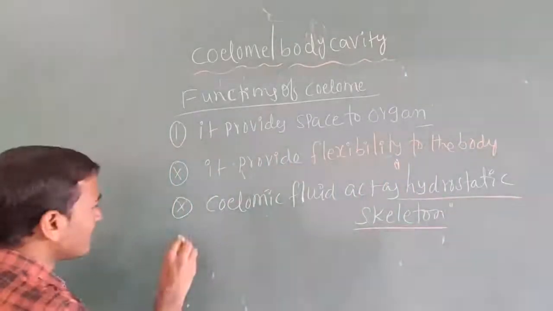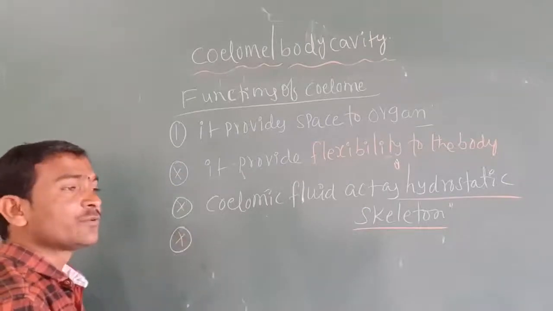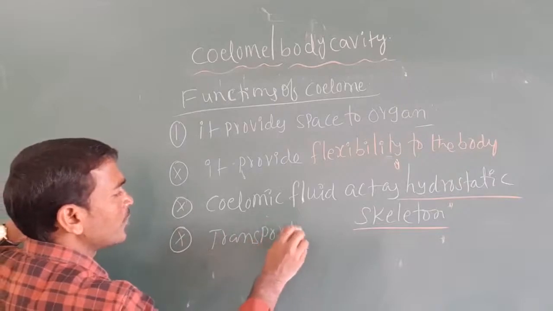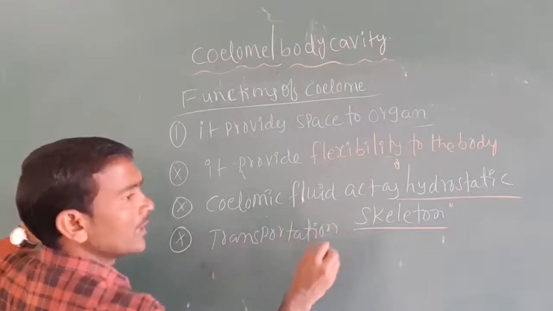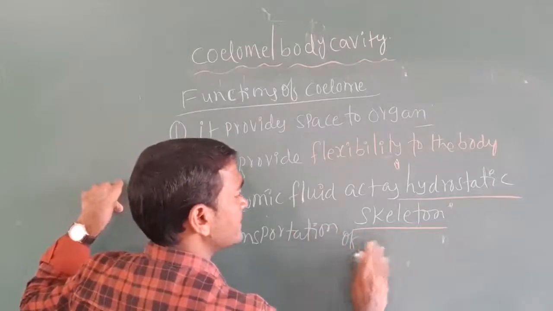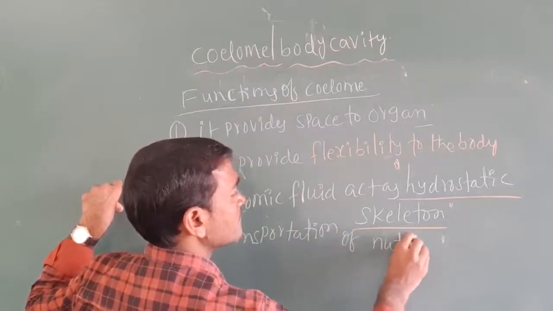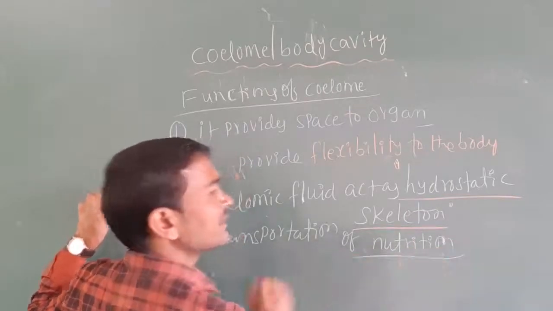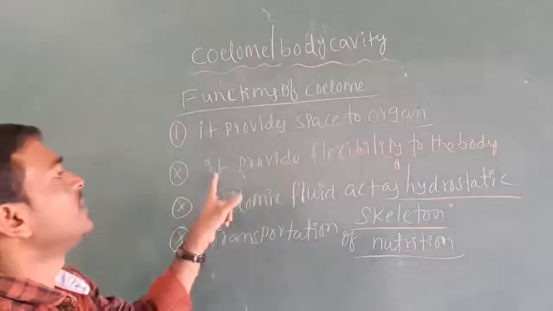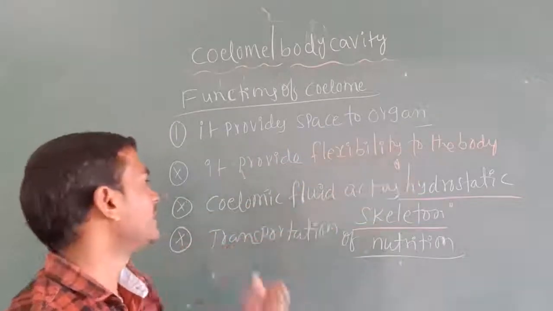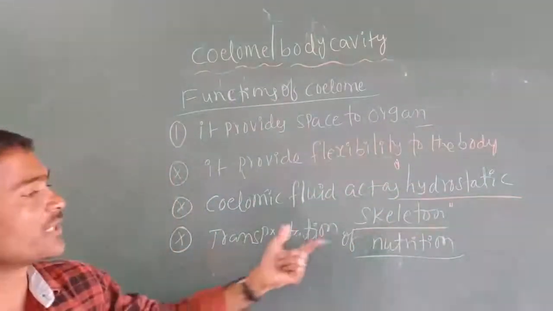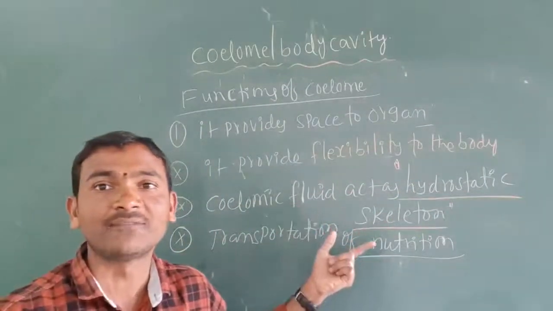The last one is that it helps in the transportation of nutrients. So the functions are: provide space to the organs, provide flexibility to the body, coelomic fluid acts as a hydrostatic skeleton, and transportation of nutrients. These are the functions of the coelom.